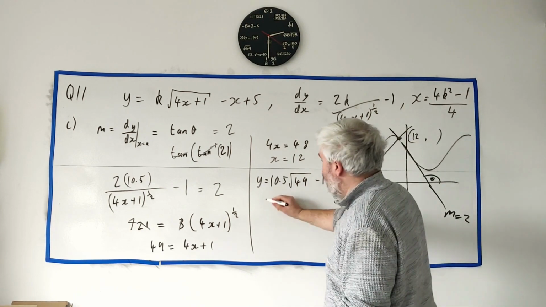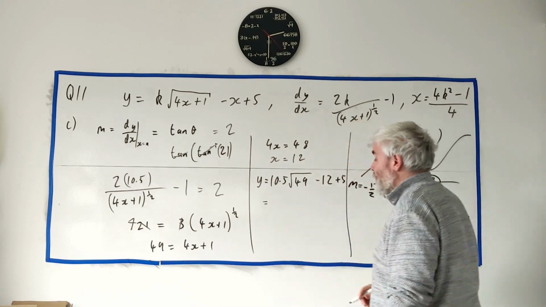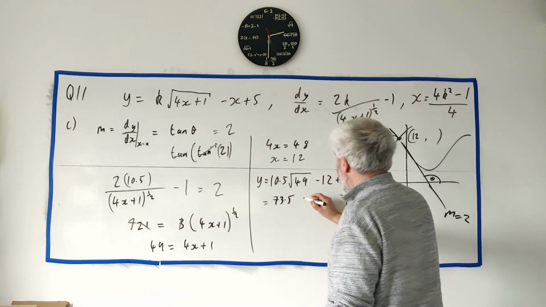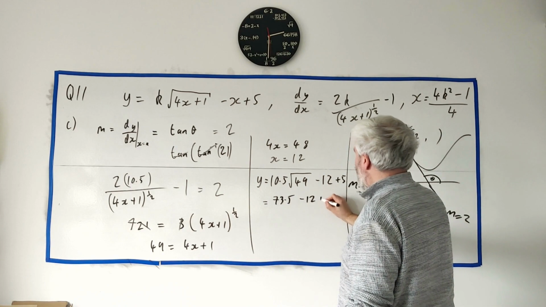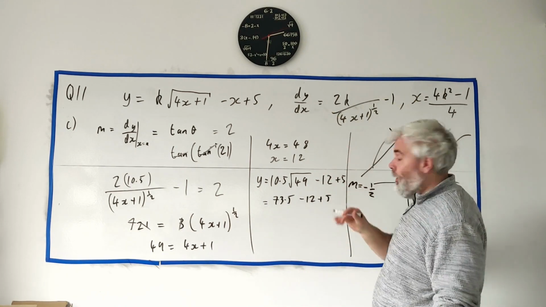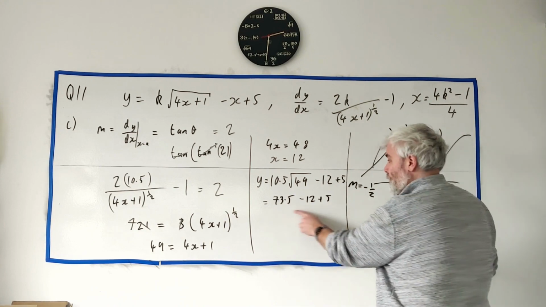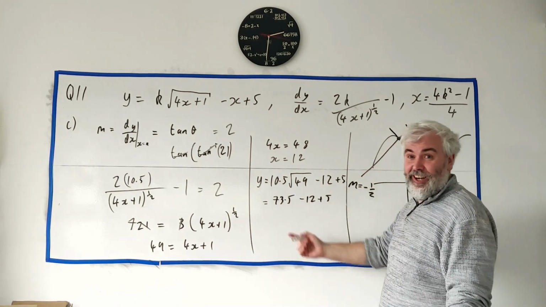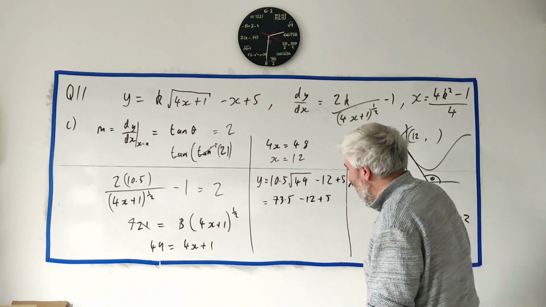7 times 10.5 would be 73.5. Minus 12 plus 5. You might notice the clock hand just skipped a bit because I made a mistake because I tried to do this in my head. It's simple maths, but I recommend always use a calculator for simple things like this.